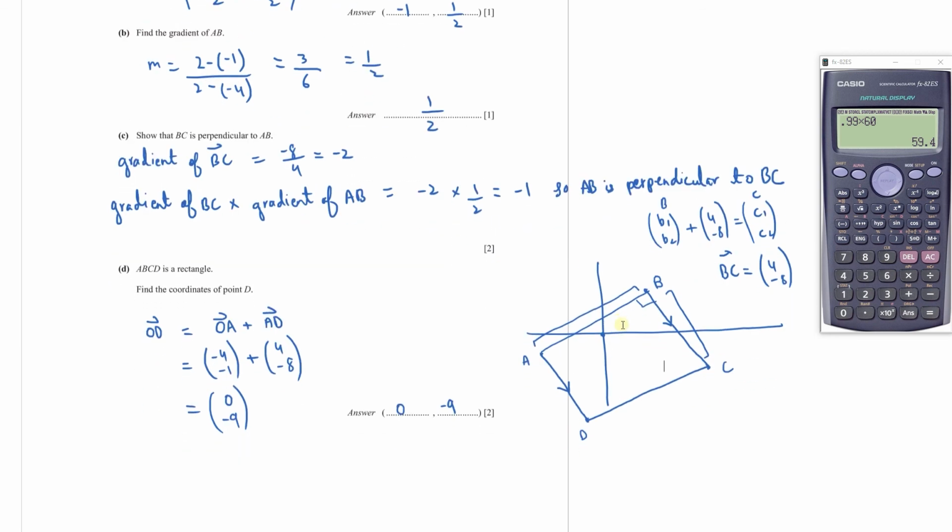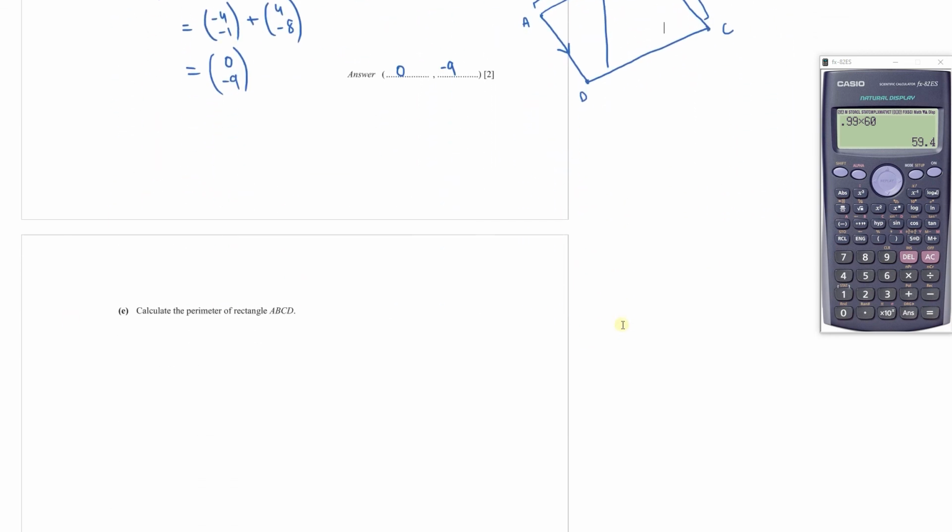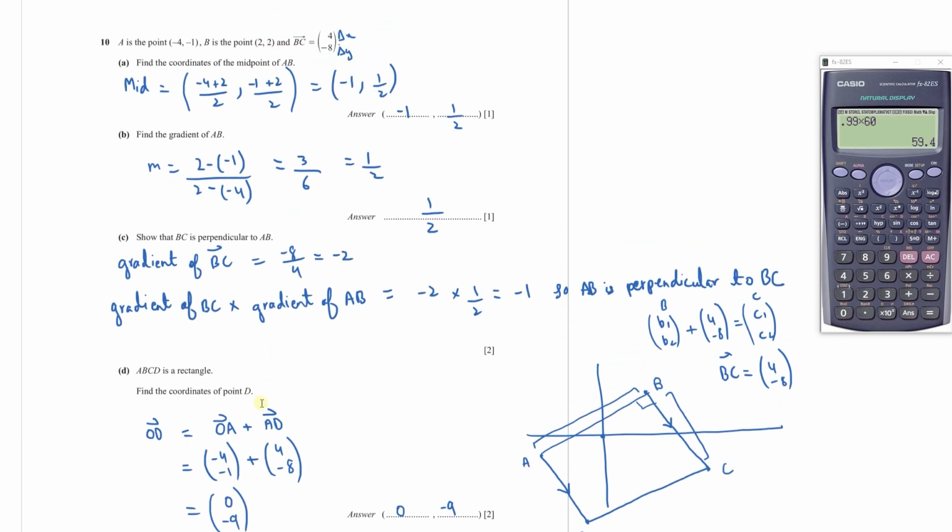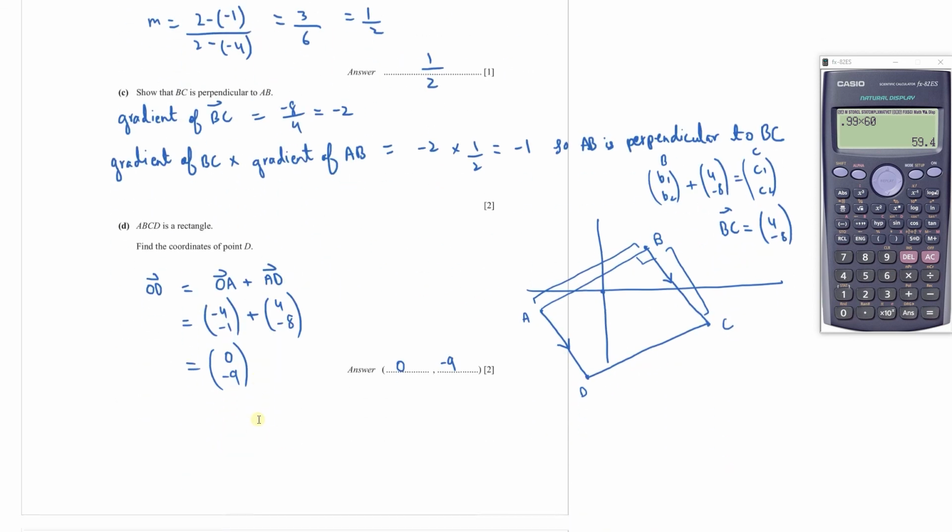So we can straight away write perimeter will equal 2 times length AB plus length BC. So this will be 2 times, length AB is how much? 2, 2 minus -4, -1.